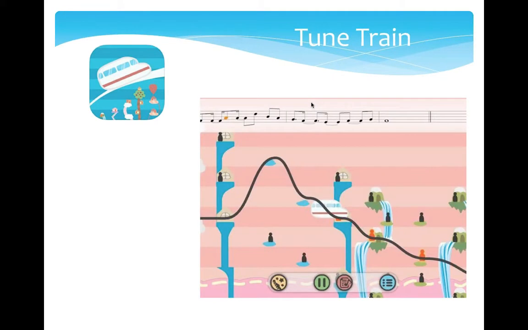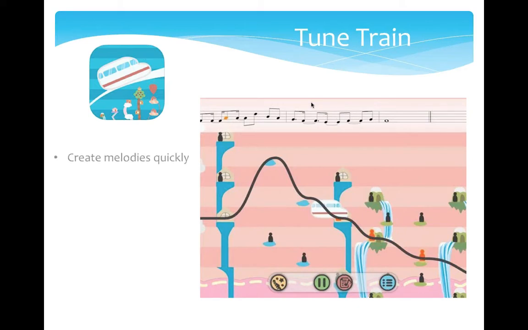We start off with TuneTrain. How it works is once you open the app and you start a level, or if you start a game, the students take this train and they can choose if they go up or down, and all of the notes that they can choose or the places they can go to on the train makes a different pitch.